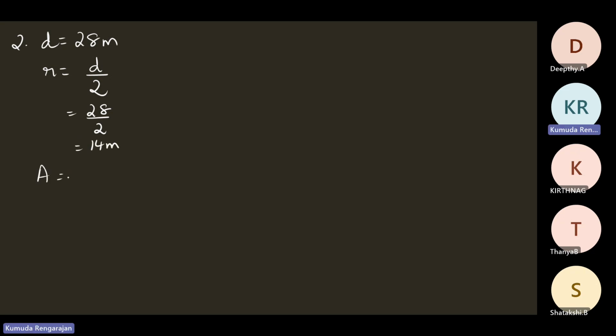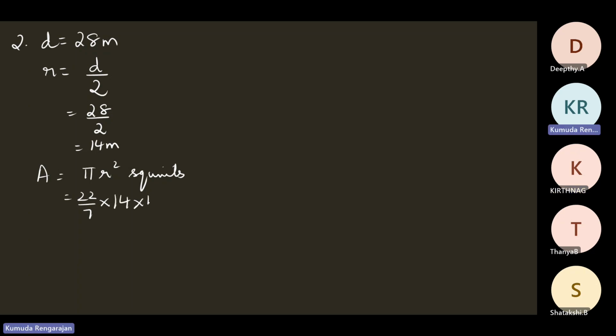Now area is equal to formula pi r squared, square units. So 22 by 7 into r square. What is the value of r, children? 14, ma'am.